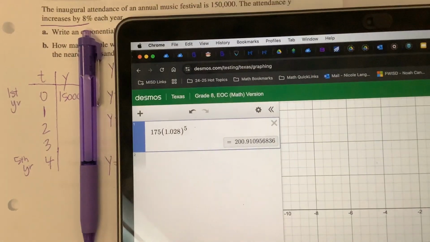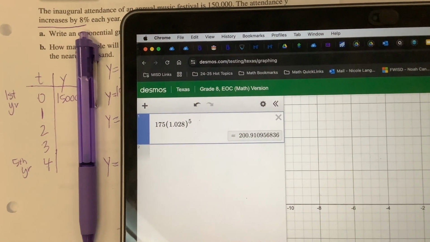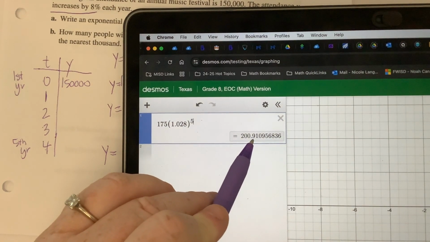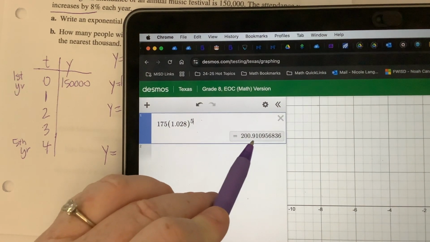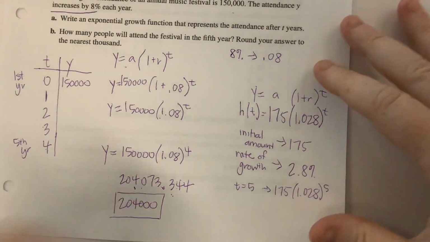And so here we are, we end up with 200.91. Again, rounded to the nearest tenth is 1 spot after the decimal, so the 0.9, and that 1 says we just drop it. So it's 200.9 is what I would write as my answer.